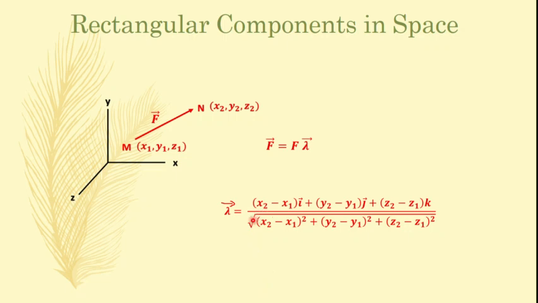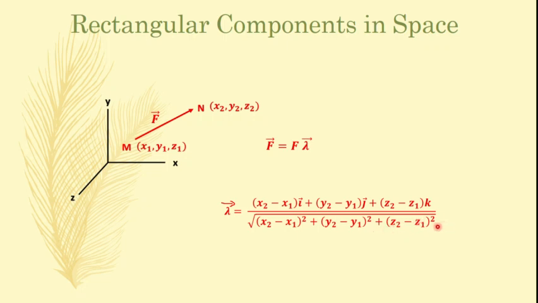Then we can write lambda is equal to (x2 minus x1) i plus (y2 minus y1) j plus (z2 minus z1) k, where the upper part is the position vector from M to N. If we divide this position vector by the magnitude of the position vector, then we get the unit vector, that is lambda. That is why it is the root over (x2 minus x1) squared plus (y2 minus y1) squared plus (z2 minus z1) squared.